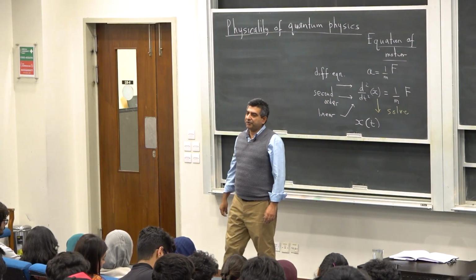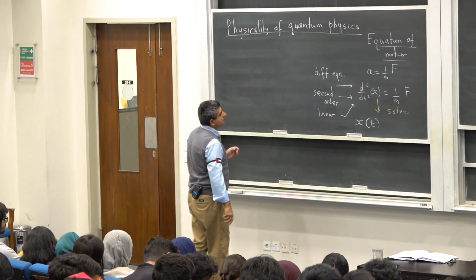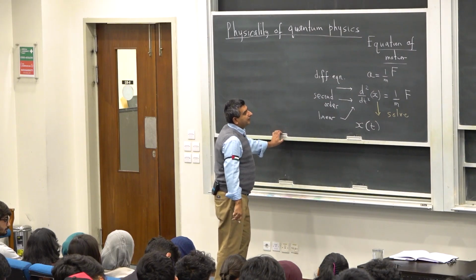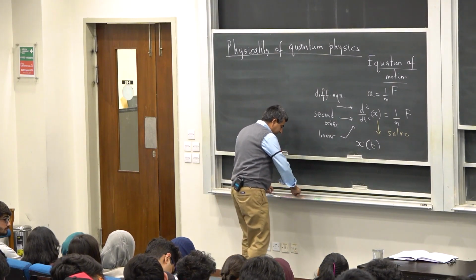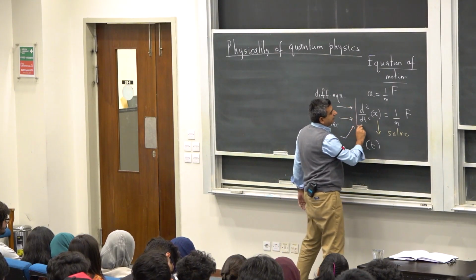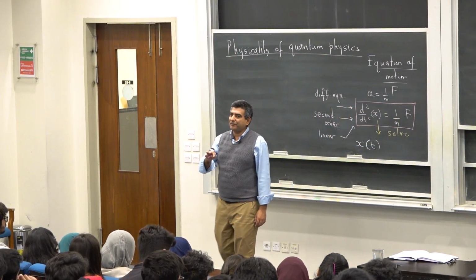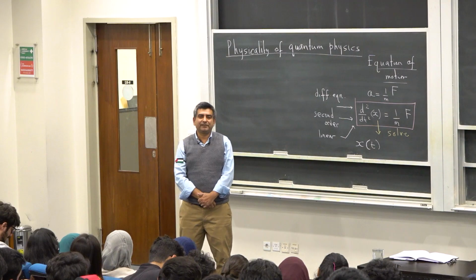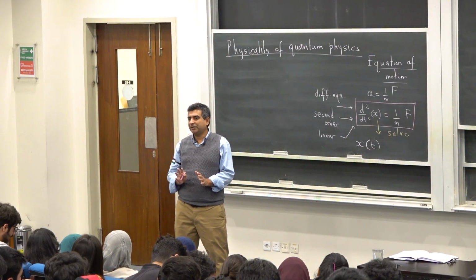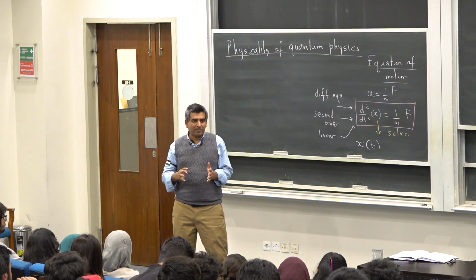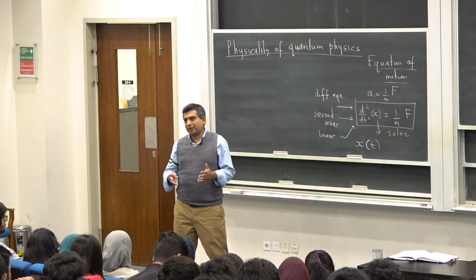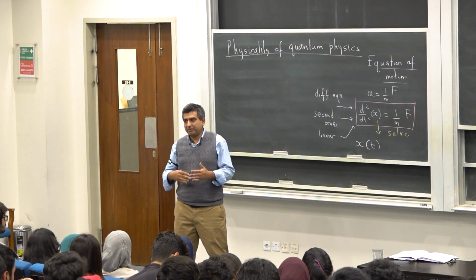But I would like to tell you that one might argue that this is a second order differential equation, but when you look deeper into classical physics, this equation of motion is also first order. Let me describe how.